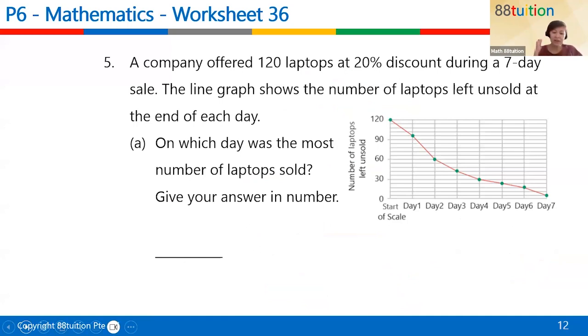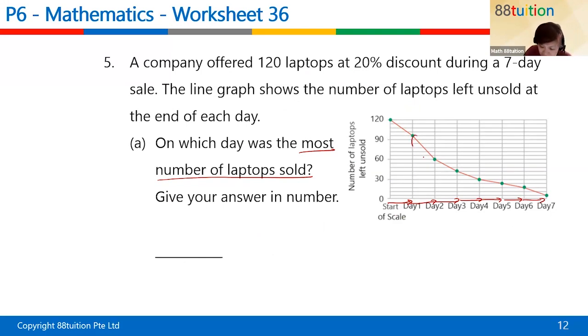Okay, question number 5. The company offered 120 laptops at 20% discount. So during the 7 days, all are 20% discount. And it showed the number of laptops left unsold at the end of the day. On which day was the most number of laptops sold? The most number means dropping the furthest. Correct? So this is day 1. Then this is day 2, day 3, day 4, day 5, day 6, day 7.